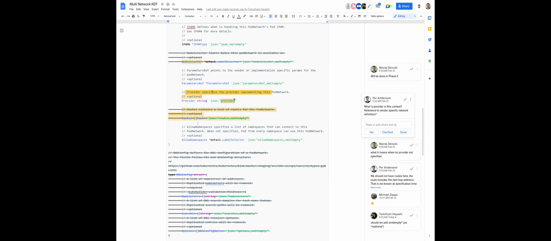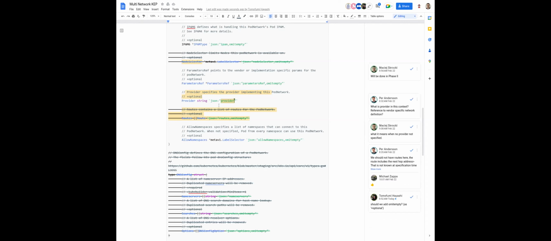I mostly agree with that, but the one question is what does it mean if the provider is empty? Oh yes, this is now optional. So this is up to the implementation, right?